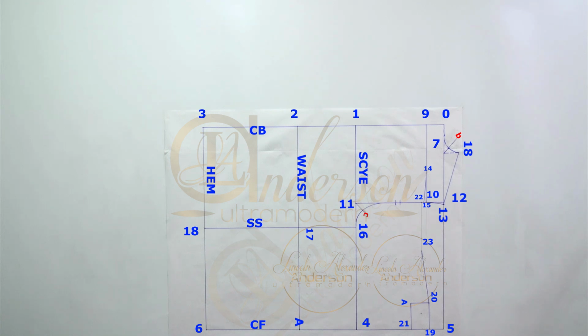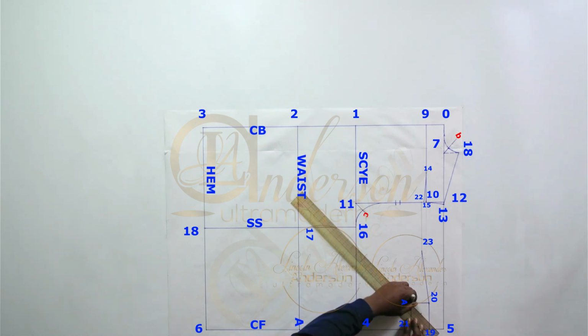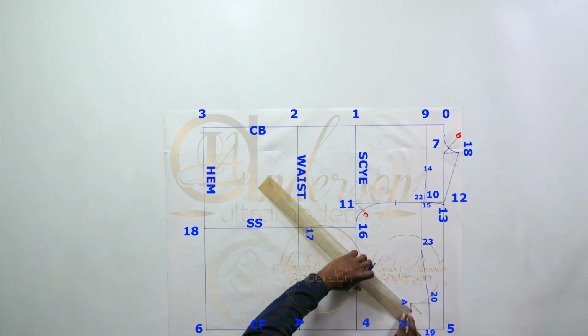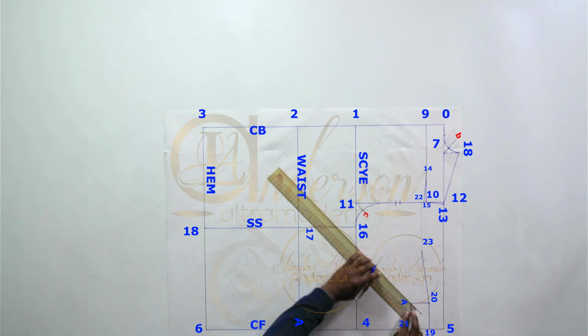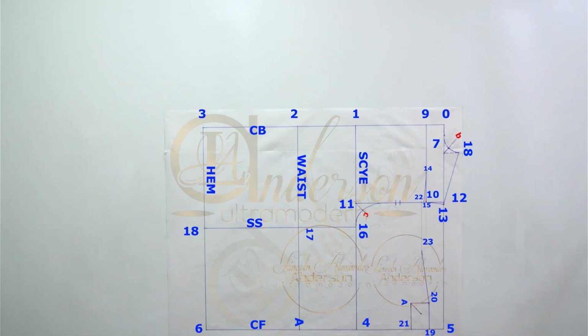And you're going to measure out diagonally for 2.5 centimeters from A. Put a dot. So you're going to draw in your neck curve through 20, the dot above the A, and 21. Make the curve end about halfway between A and 21.